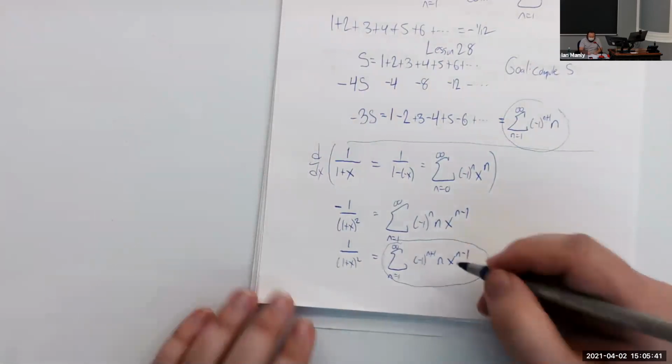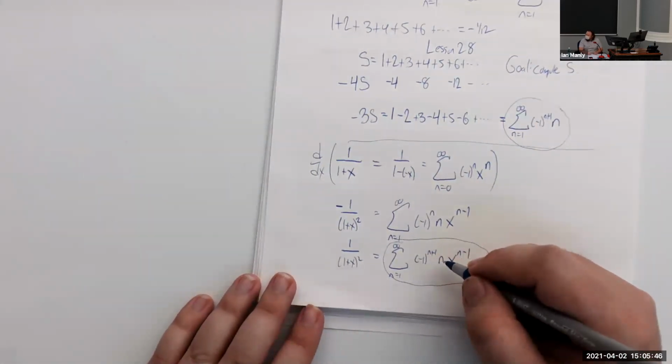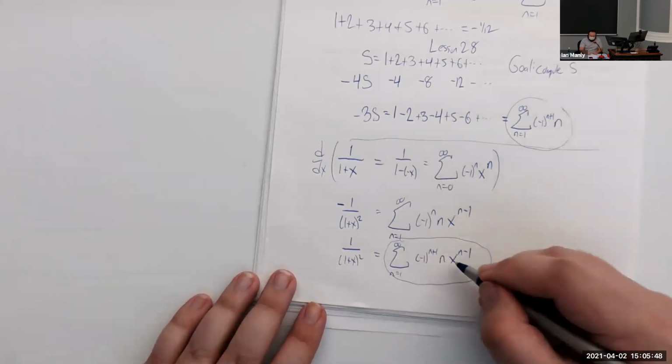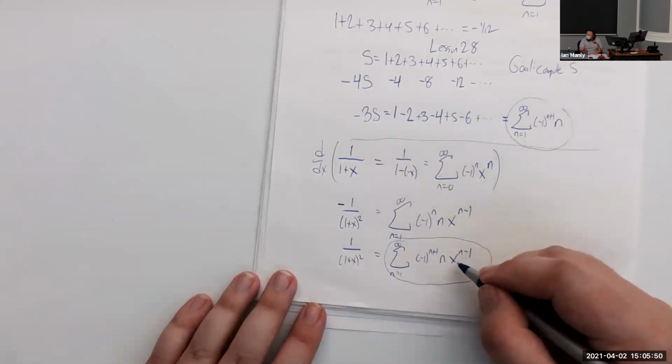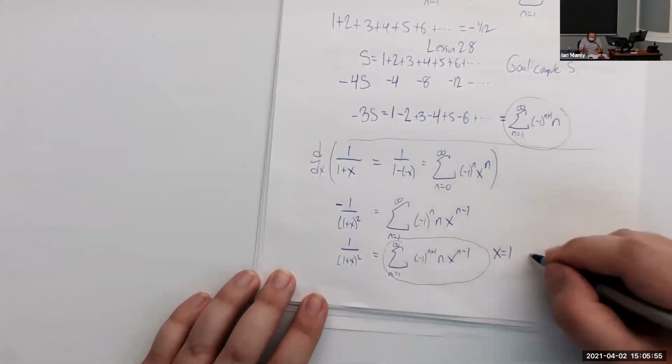Well, if I plug in 0, then the whole thing will end up being 0 right there. Yeah, so we're going to plug in 1 for this because 1 raised to any power will just be 1. So I'm going to plug in x equals 1.